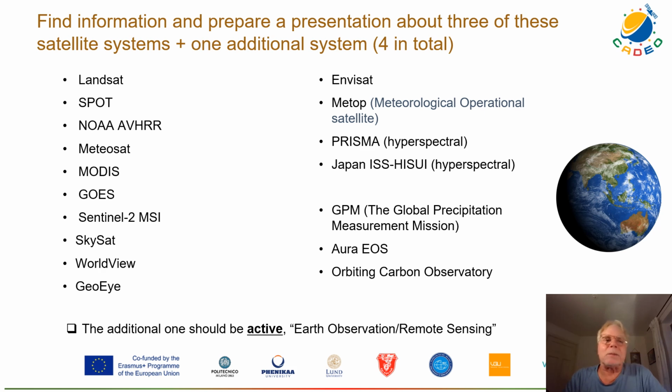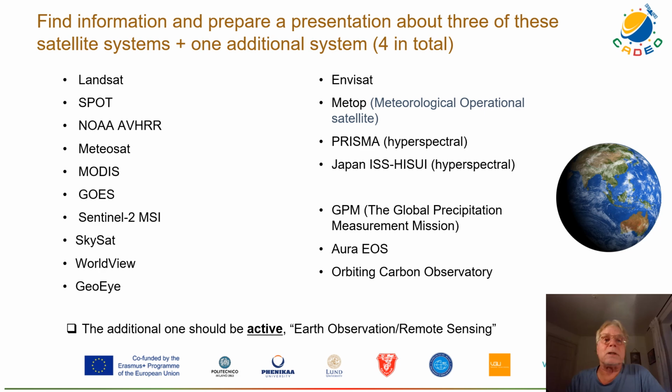And here we see some platforms, actually Landsat, with some sensors on board. We have the SPOT satellites, the NOAA AVHRR satellites, the MODIS, the GOES, the Sentinel, GeoEye, for instance. So there are a bunch of different satellites out there.